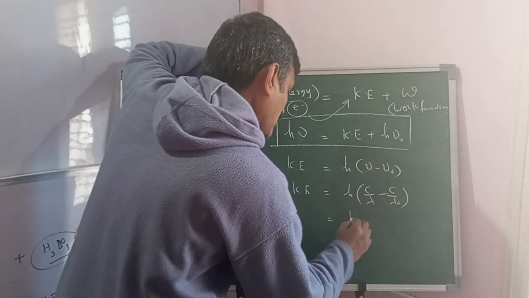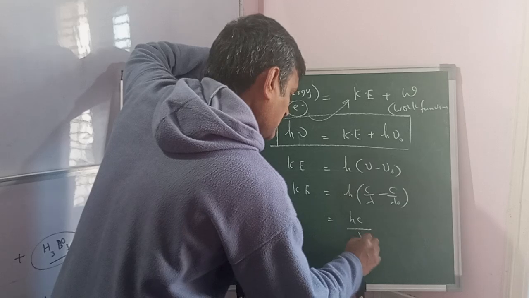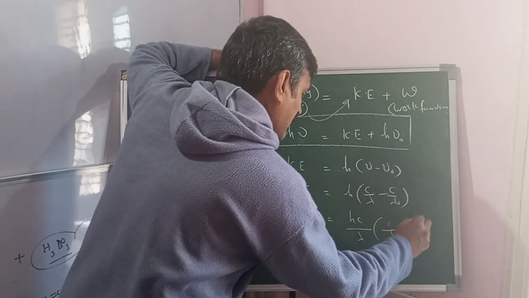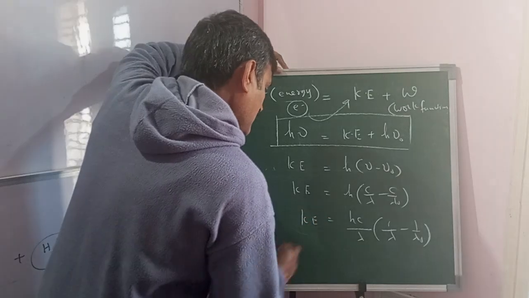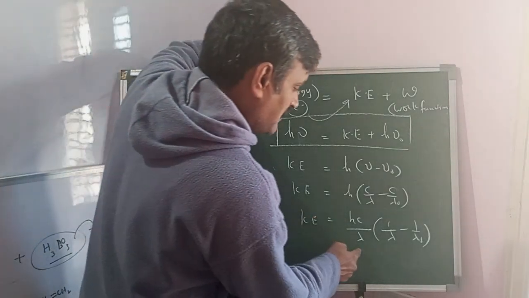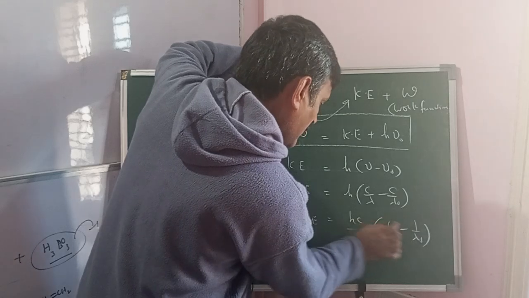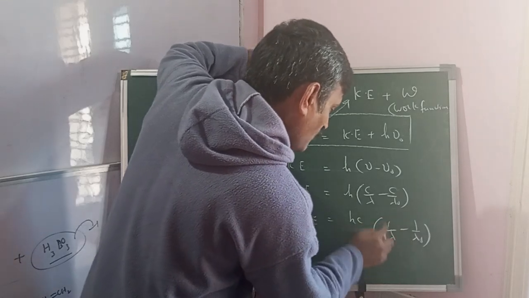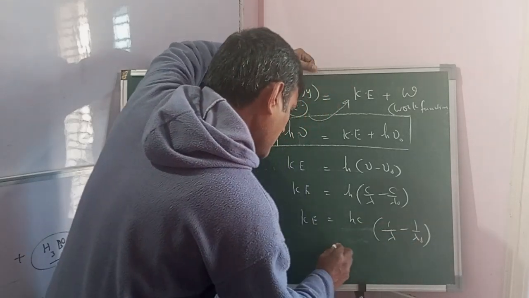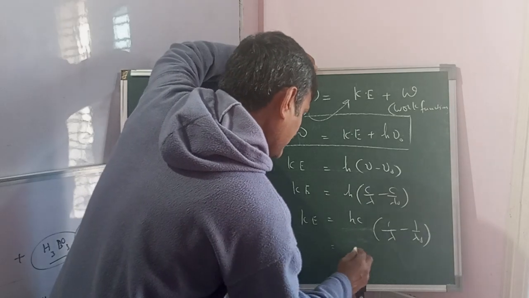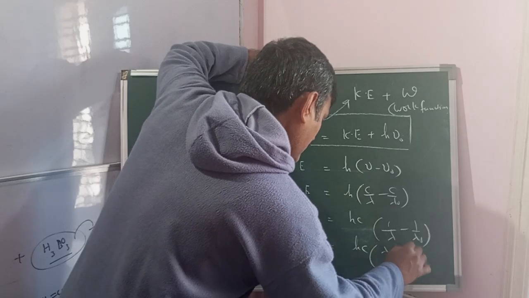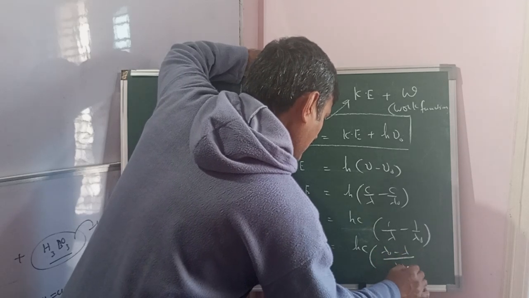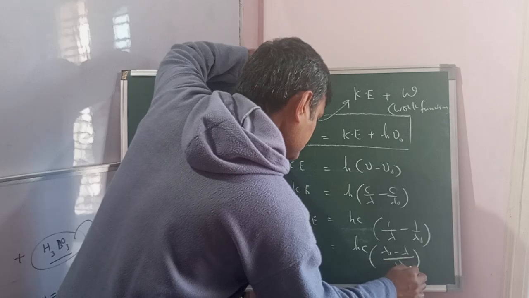You can take c as a common value, then hc into 1 by lambda minus 1 by lambda naught. After that, if you take the LCM, it becomes hc into lambda naught minus lambda by lambda lambda naught.